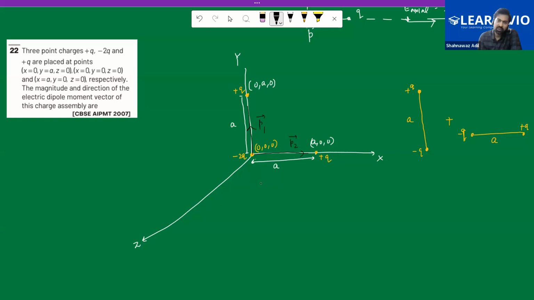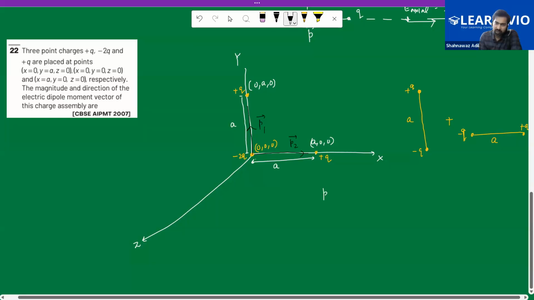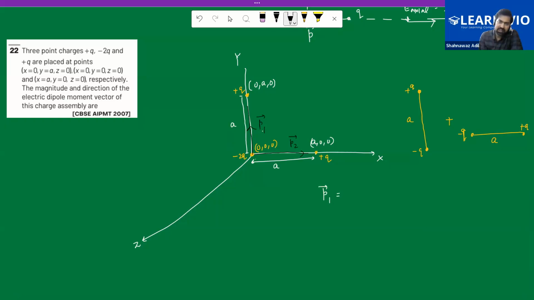Yes. So now we can find out what is P1. P1 is simply the charge, which is q, and separation, which is a. So aq, and what would be the direction in i, j, k hat form? What would be the direction of this P1 dipole?